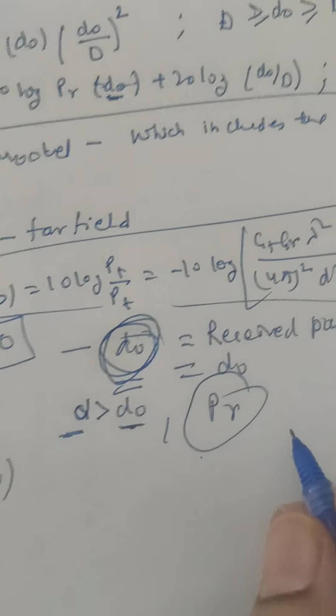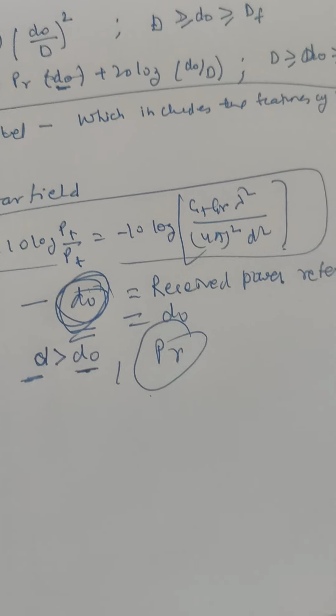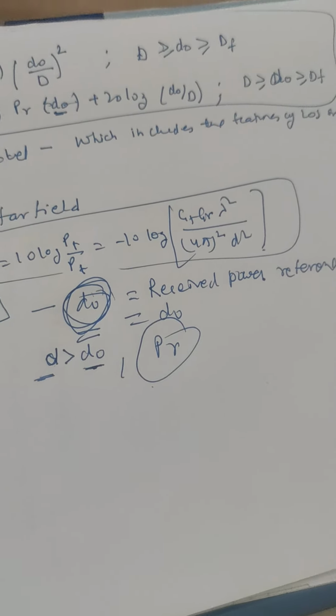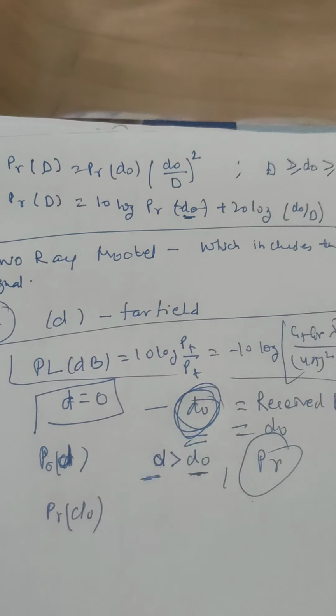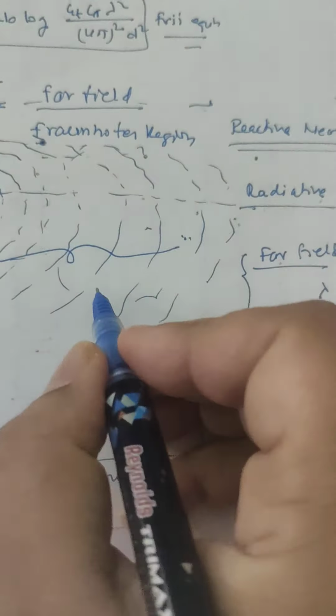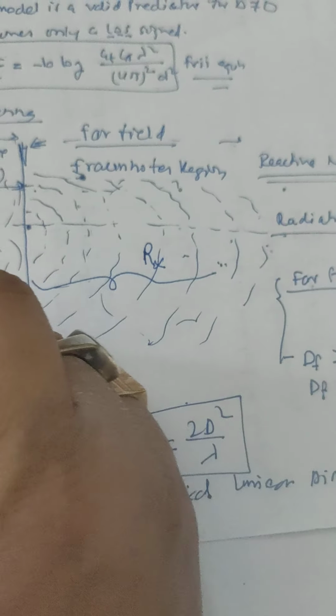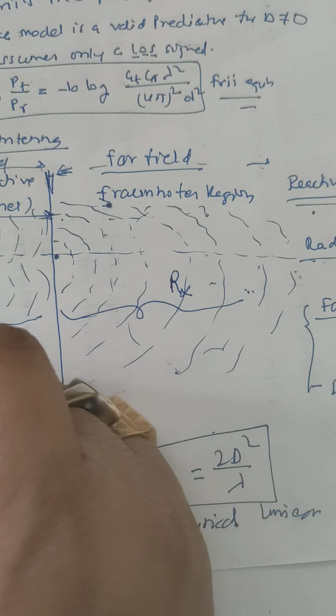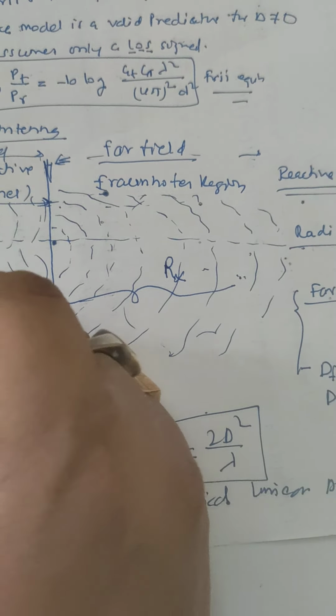If we consider that our receiver is in between, the point which has been taken may have other waves propagating towards this receiving antenna.